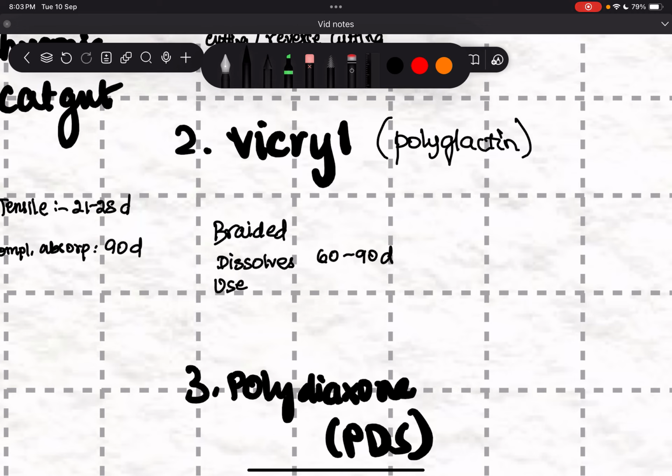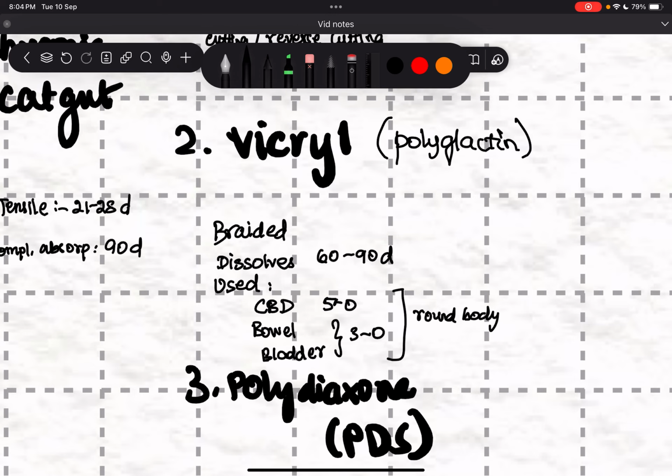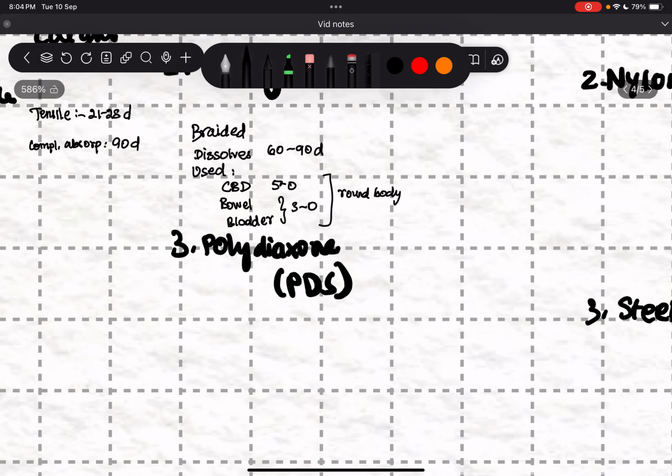Used in common bile duct anastomosis, 5.0 needle, bowel anastomosis, bladder anastomosis, 3.0 needle. All these are delicate structures. They use a round body needle. Sorry, these are the sizes of the material diameter.